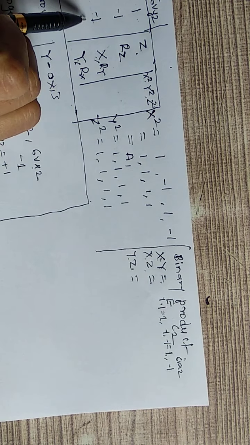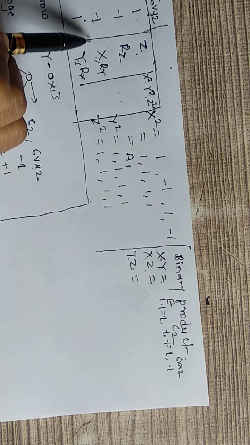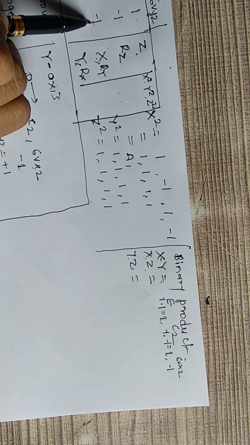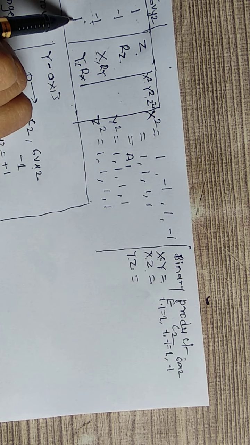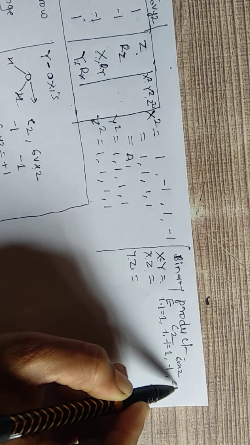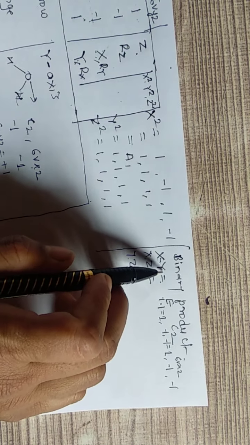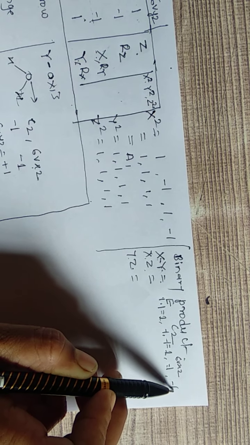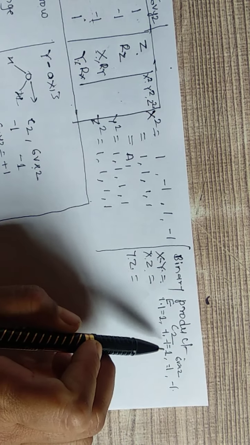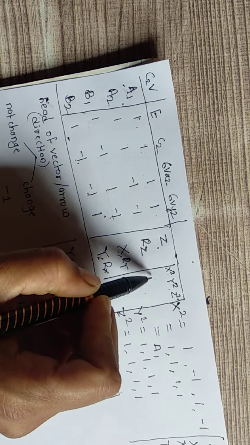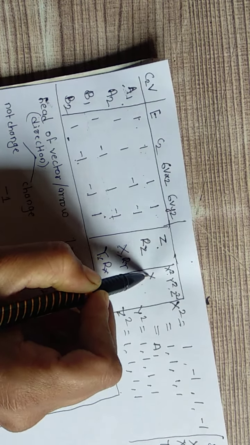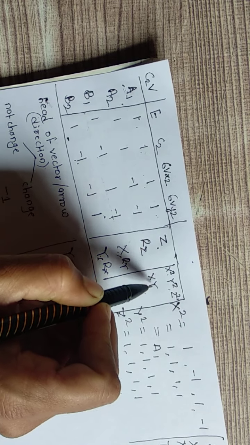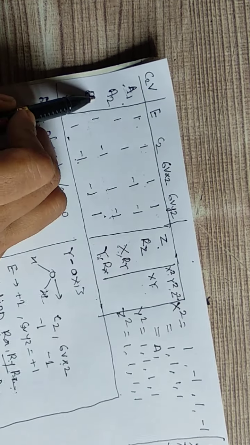Then for sigma v yz, x is minus 1 and y is plus 1, that is also minus 1. That is, the x into y is 1, 1, minus 1 and minus 1, which is A2. That is, this is the binary product xy. The xy binary product belongs to the A2.